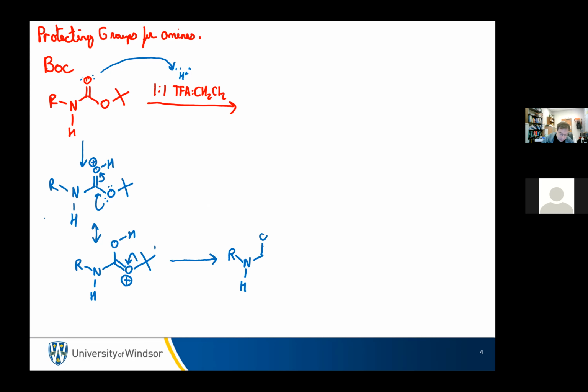Kind of wish you didn't, but and then what normally happens is the TFA counterion removes a proton and you make isobutylene gas.